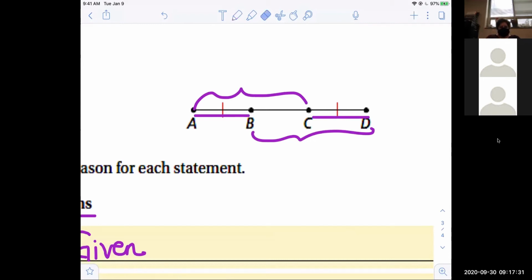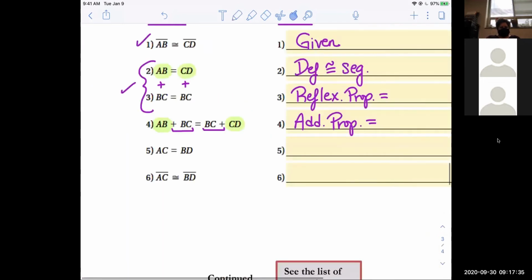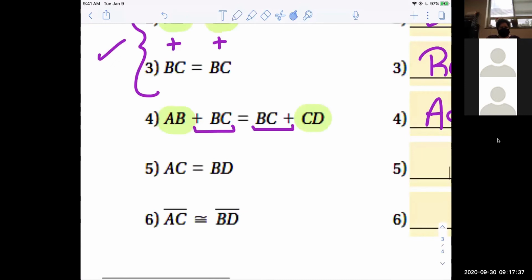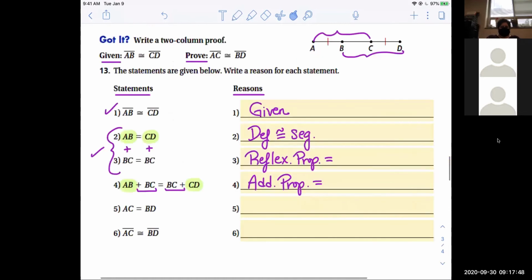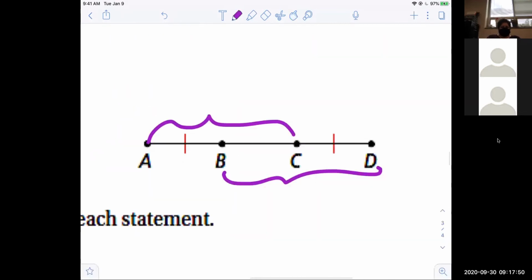Okay, now for this next part here, it's saying AB plus BC equals BC plus CD is somehow turning into AC equals BD. AB plus BC and BC plus CD.